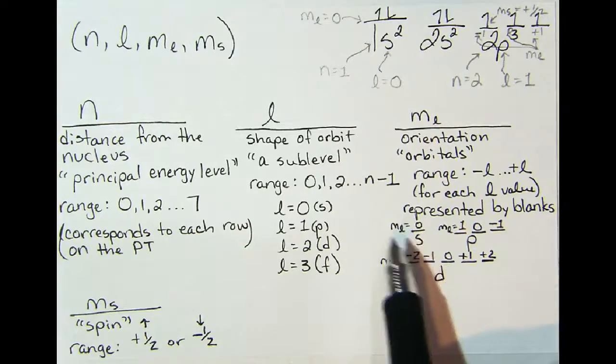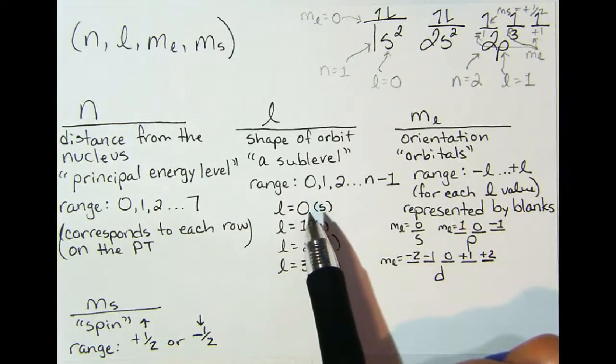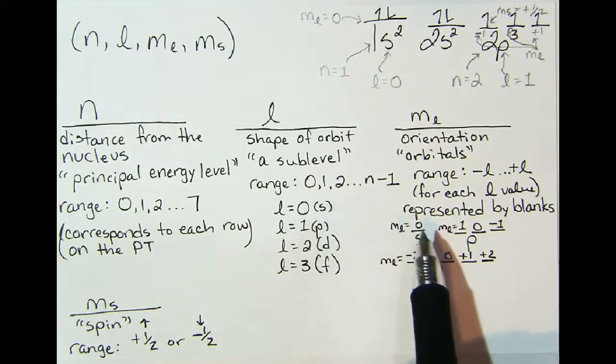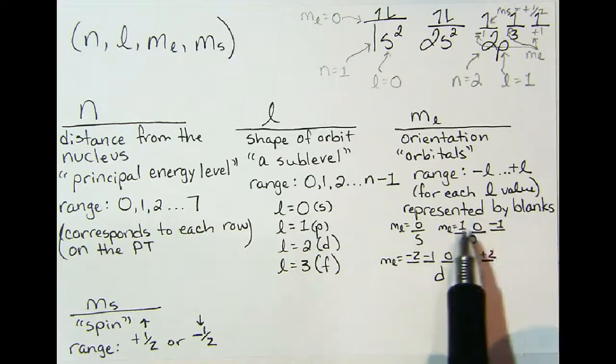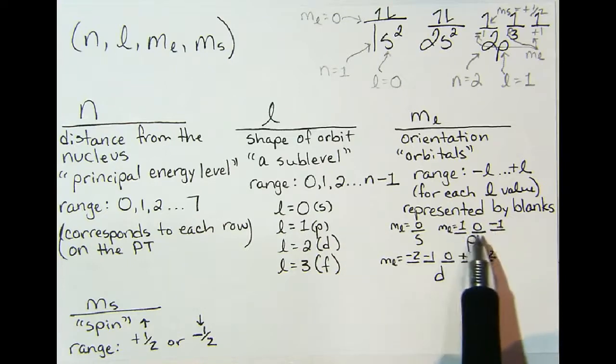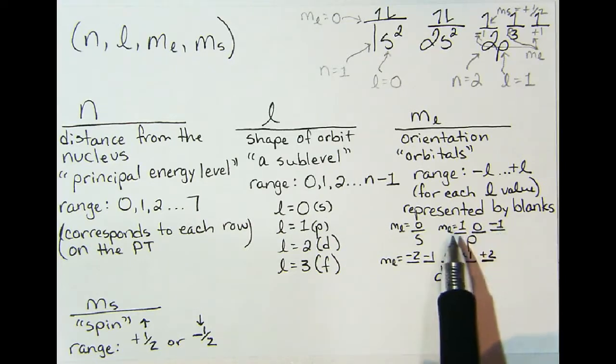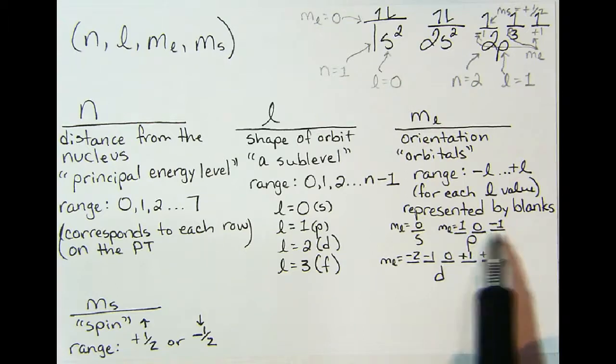So if you have L equals 0, then you can only have an ML of 0, which means you only have one orientation. So the S orbital has only one orientation. The p orbital can range from -1 to +1, which means it can have 3 orientations, and so we represent it with 3 blanks. You arbitrarily label them 1, 0, -1, the range of -L to +L.